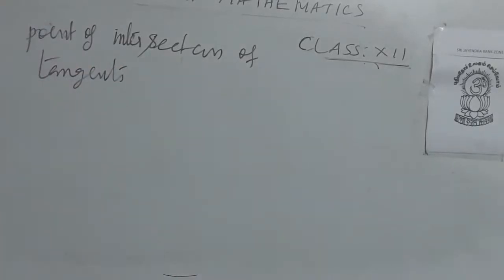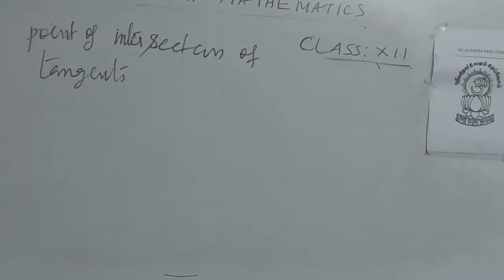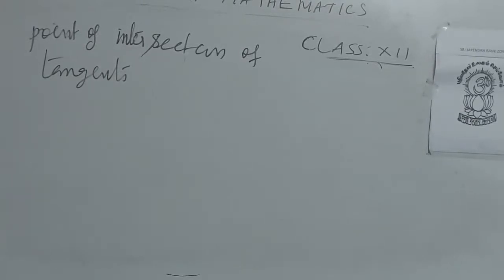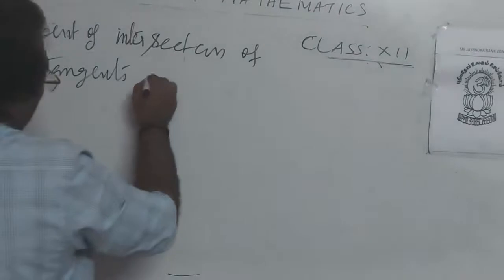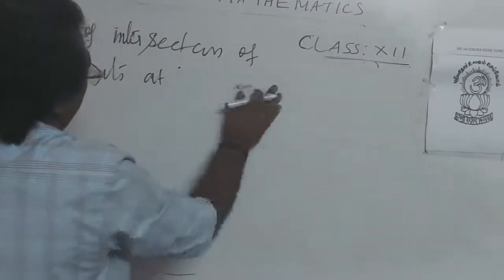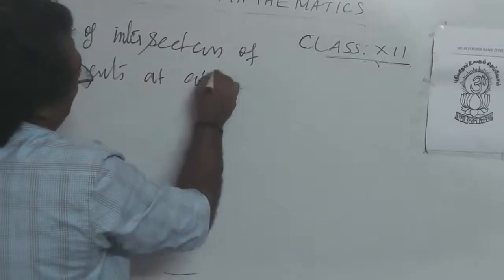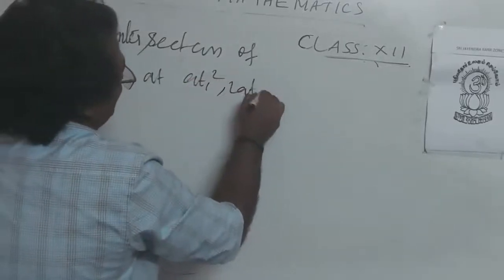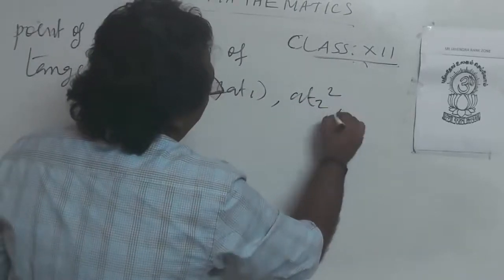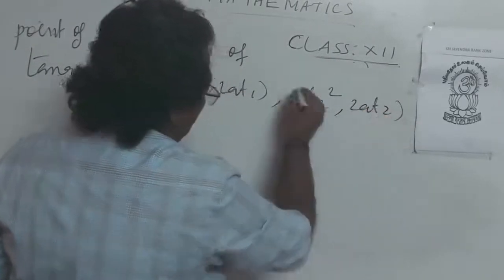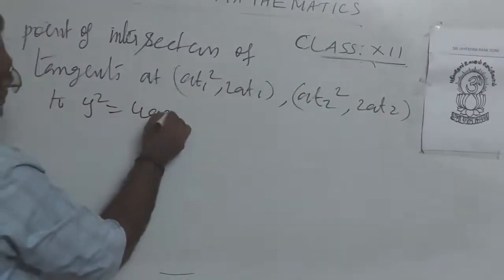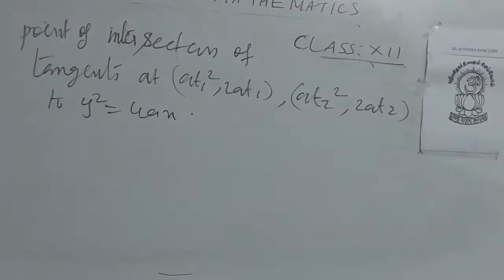Point of intersection of tangents at T1 and T2, that is at (a t1 squared, 2a t1) and (a t2 squared, 2a t2) on y squared equal to 4ax.